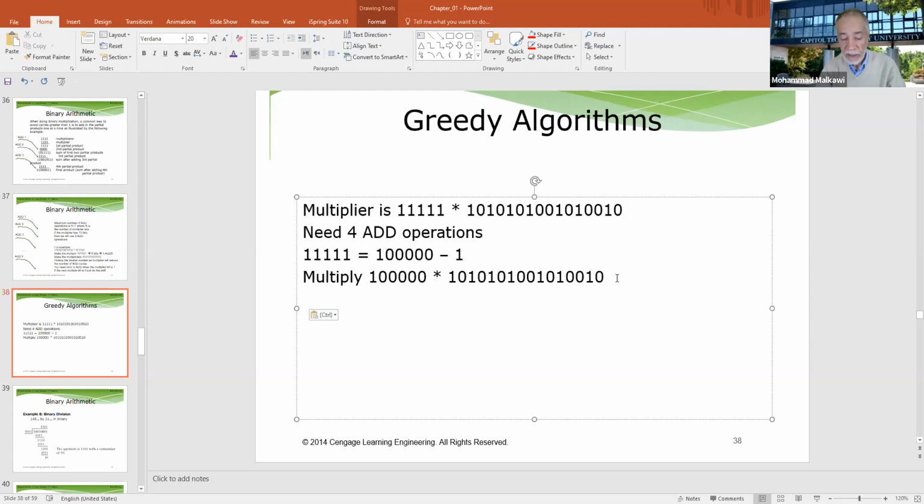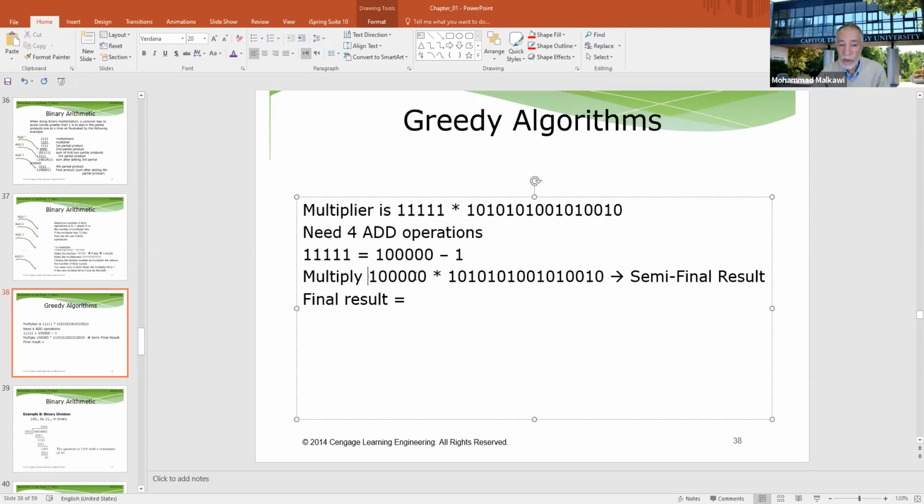And then once I have the final, or semi-final result, my final result will be this number shifted to the left 1, 2, 3, 4, 5 times.